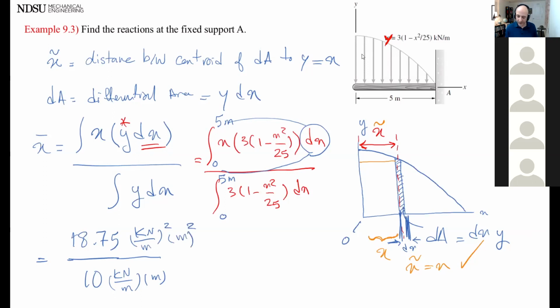There you go. So this will give you 1.875 meters.